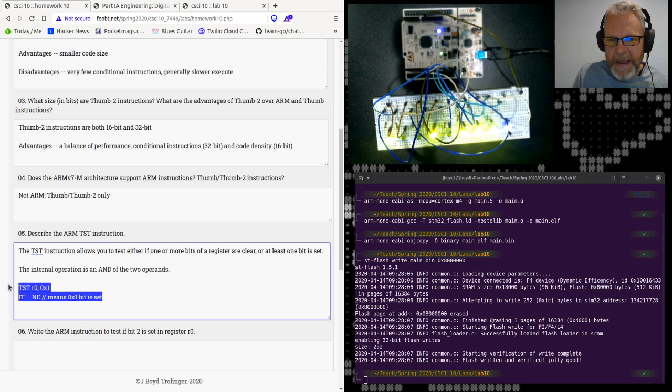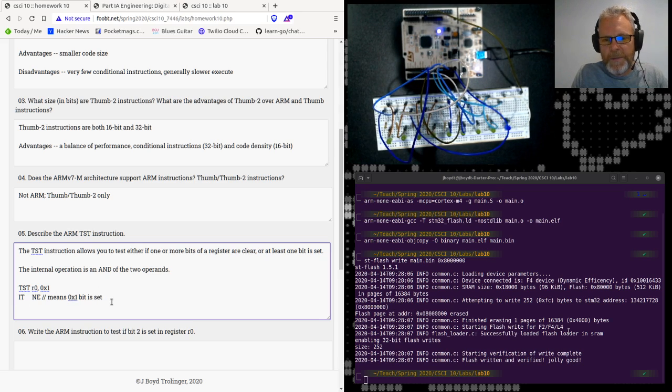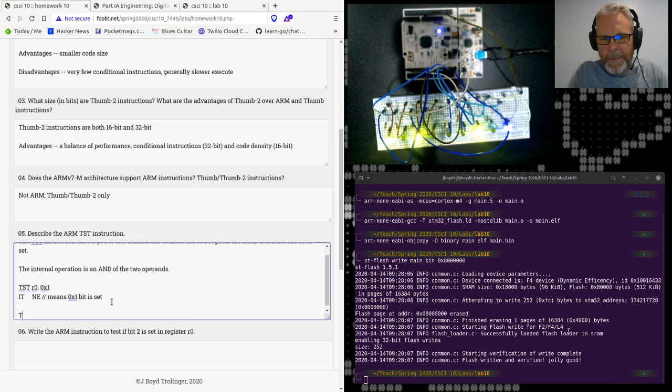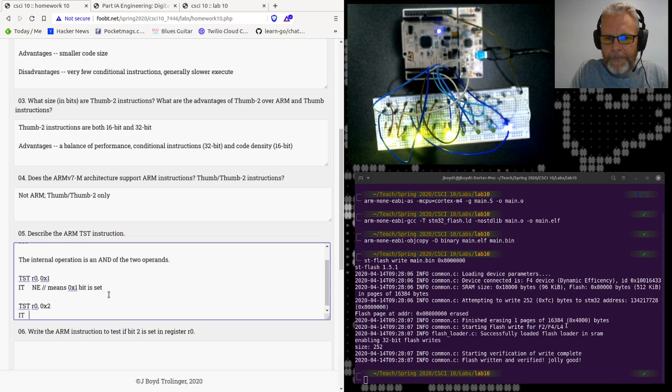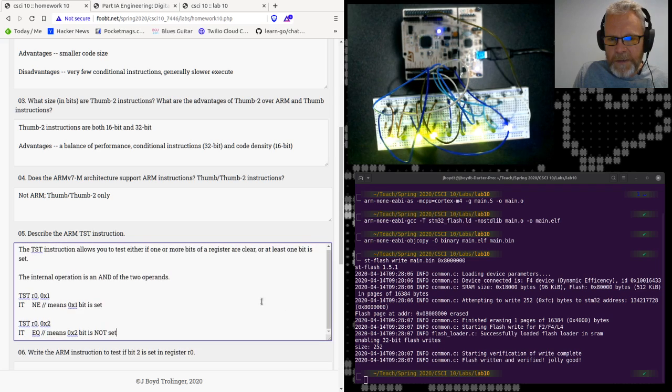But just as an example, if you wanted to see if a bit is set, then you do a test on a bit and then you look for a not equal result. That tells you the bit was set. If you look for an equal result, that would tell you that bit was not set.